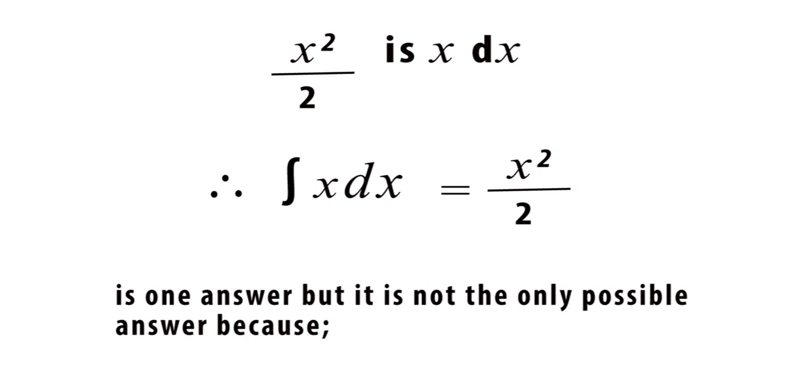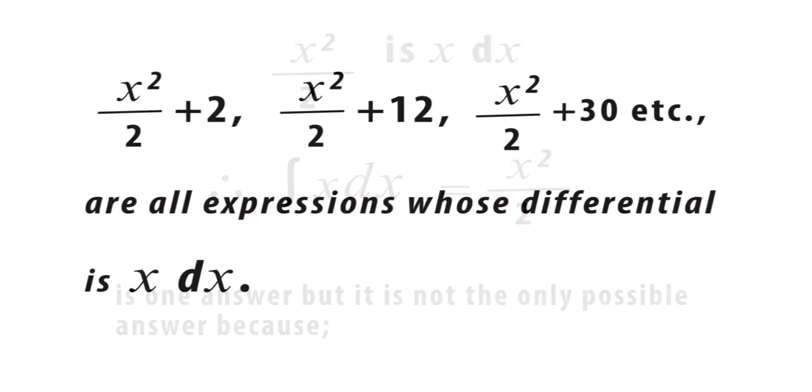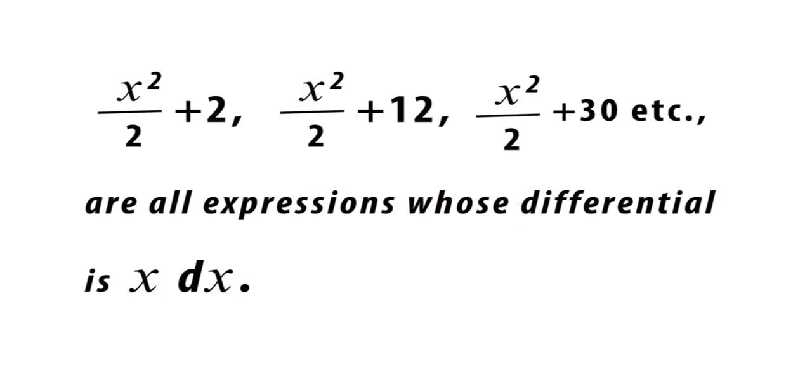But it is not the only possible answer, because x squared divided by 2 plus 2, x squared divided by 2 plus 12, x squared divided by 2 minus 30, and many others are all expressions whose differential is x dx.